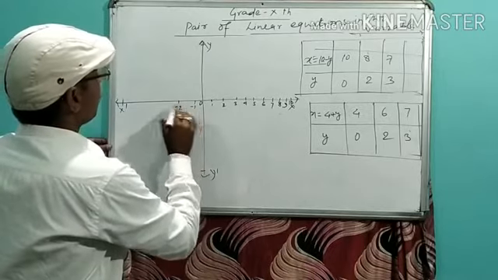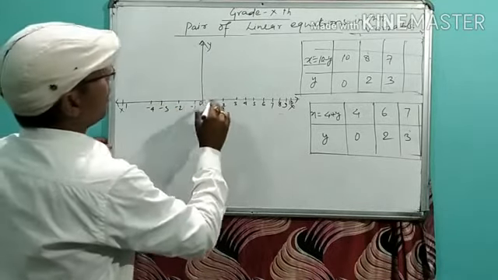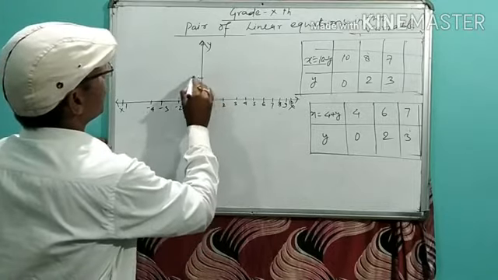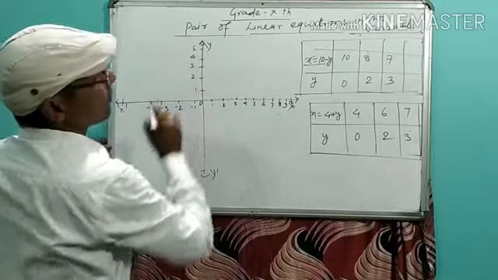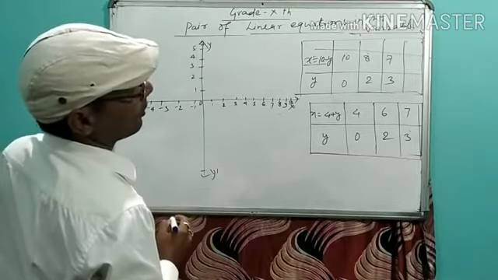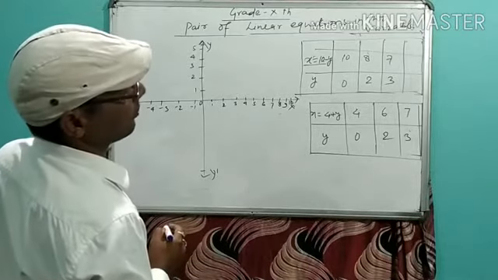Then minus 1, minus 2, minus 3, minus 4, and here 1, 2, 3, 4, 5.